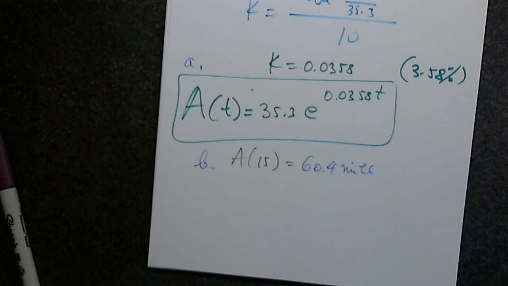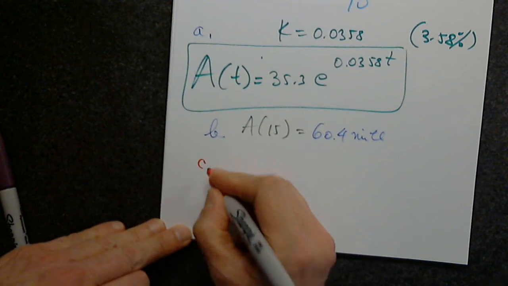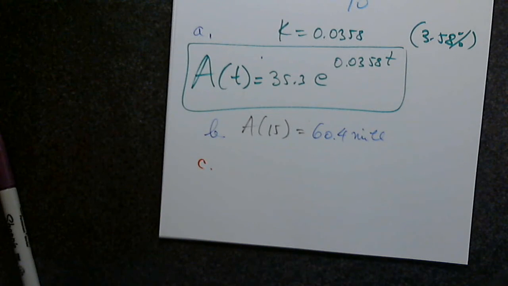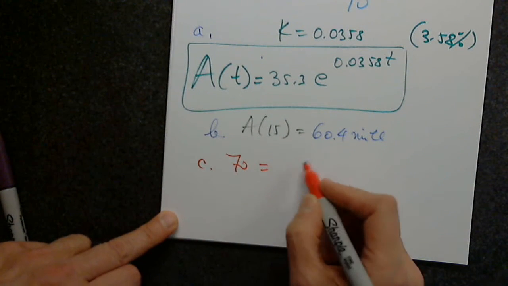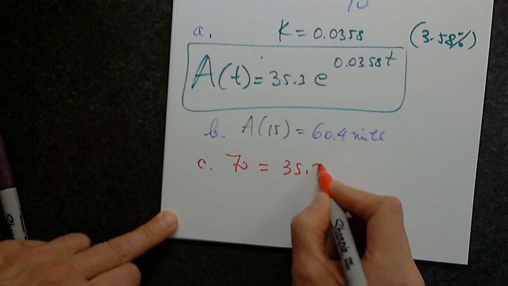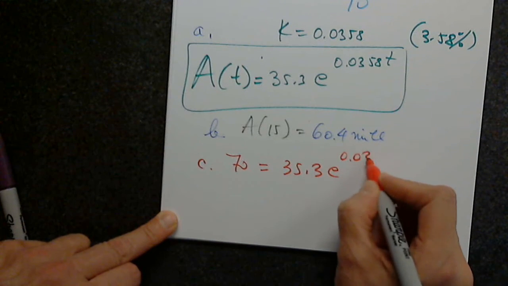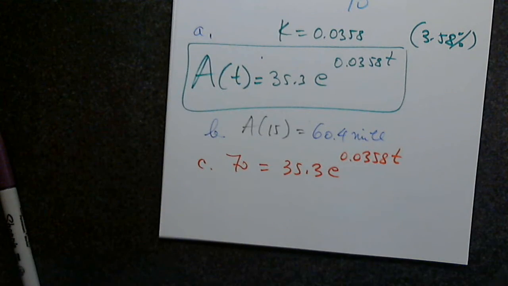Okay, part C. In which year will the Hispanic resident population reach 70 million? Excellent. However, it's not cleaned up.